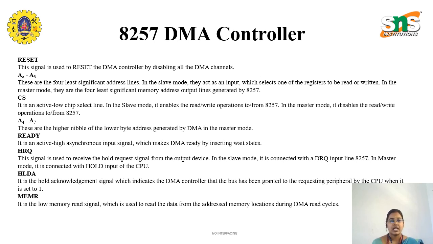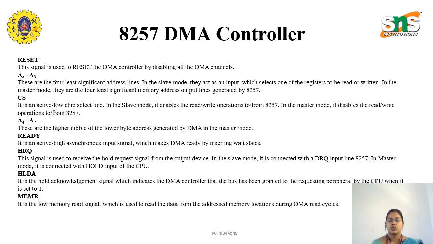Next is READY. It is an active high asynchronous input signal which makes DMA ready by inserting wait states. HRQ is the signal used to send the hold request signal to the CPU. In slave mode, it is connected with DRQ. In master mode, it is connected with the hold input of the CPU. Next, hold acknowledgement, that is HLDA.